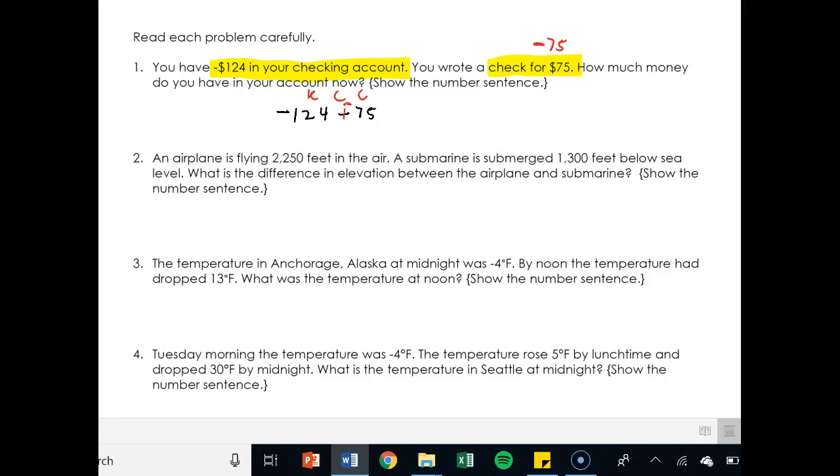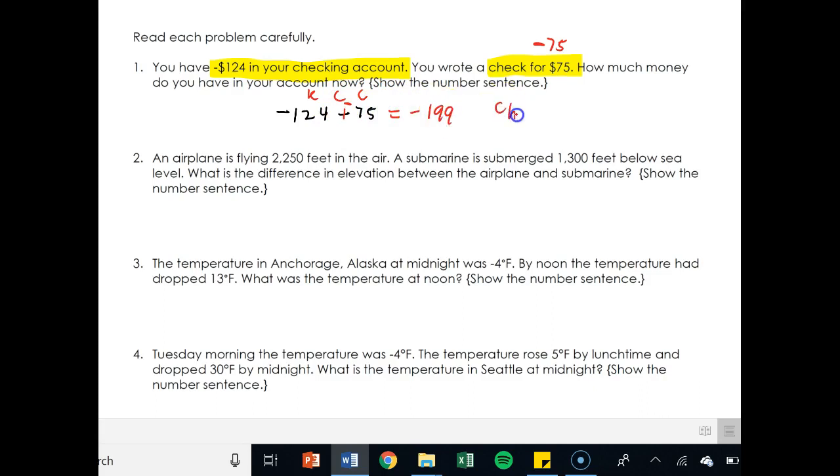The other thing I see a lot of students do that's incorrect is oftentimes they just change the subtraction to an addition and they don't change the next number to a negative or to a positive. So make sure that you're changing not only the subtraction to addition, but then also the next number to its opposite. So you are allowed to use a calculator here. Remember, the negative sign is located right next to the enter sign. So negative 124 plus a negative 75 equals negative 199.